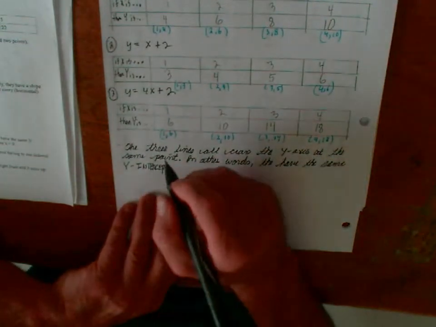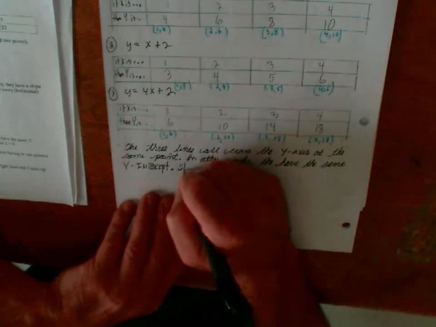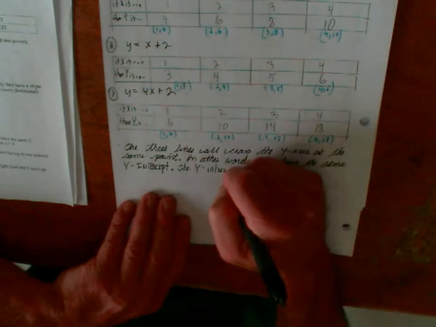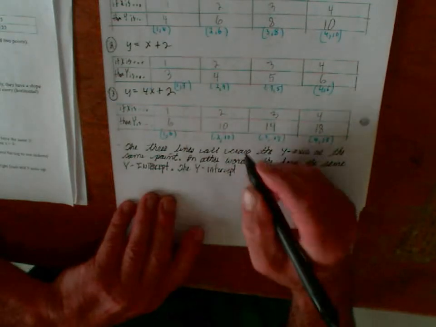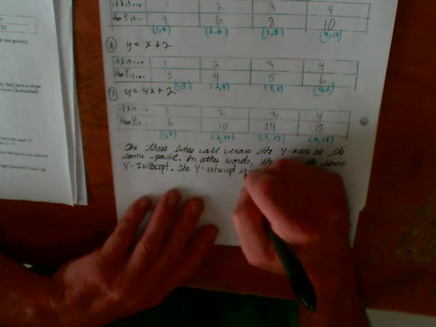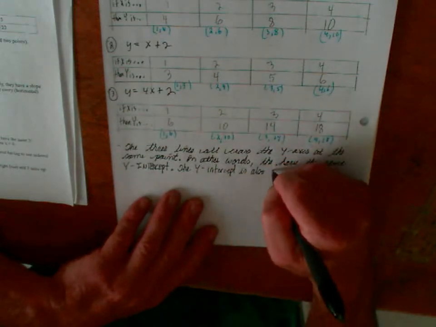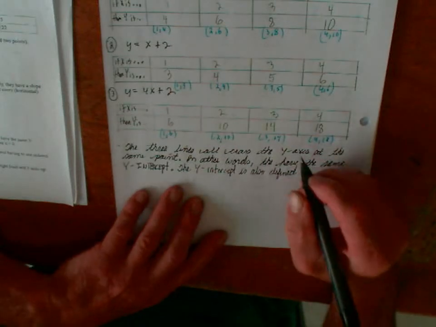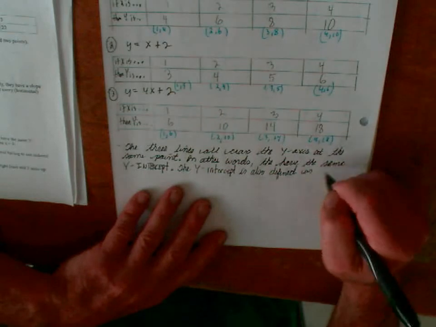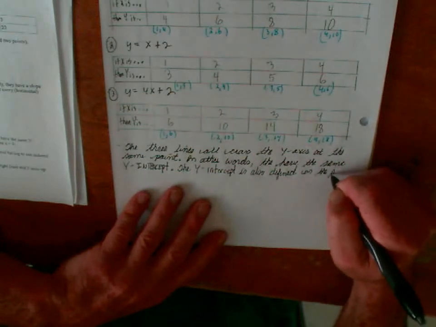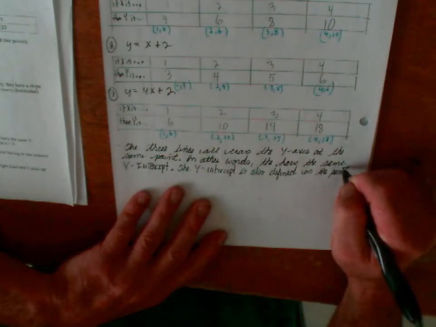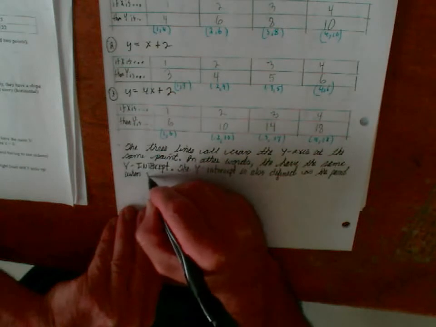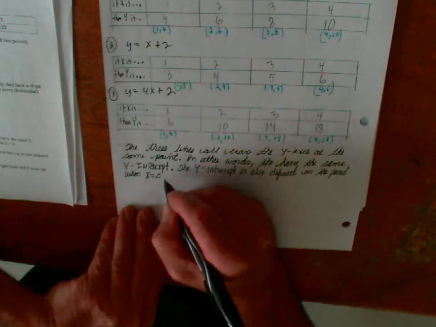Okay, next sentence. The y-intercept, it's just where it crosses. The y-intercept is also defined as the point where x is equal to 0.